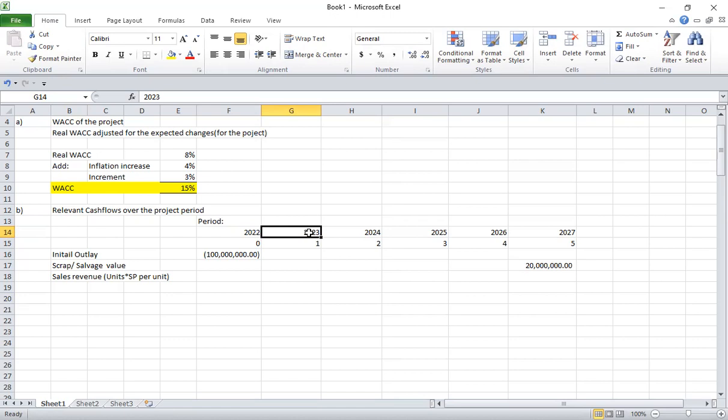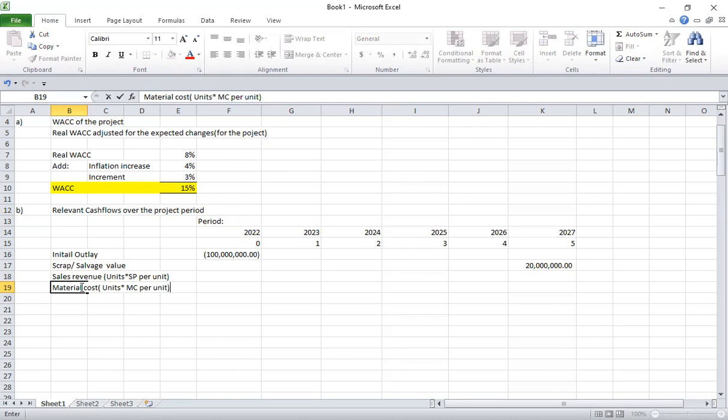The same will, of course, apply to the costs. We will need, for example, the total material cost, which again will be number of units multiplied by material cost per unit.